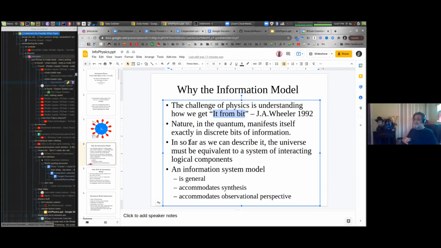Okay, nature manifests itself in discrete bits of information. We're not discovering the information that's already there. We're instantiating information that could have possibly been there.